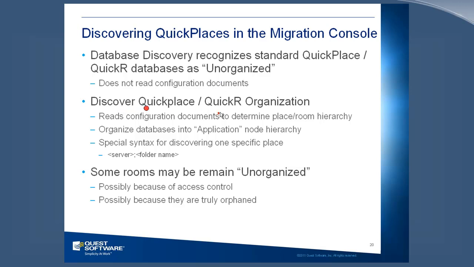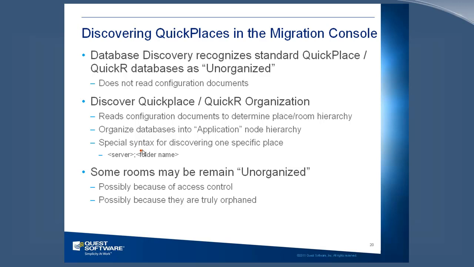We call it Discover QuickPlace Organization or Discover QuickR Organization, and that task will actually dig into the configuration documents and help you understand how all those databases fit together into a QuickPlace and a hierarchy of rooms and subrooms and so on. So normally you're just going to discover a whole server.